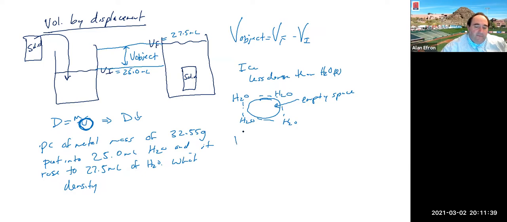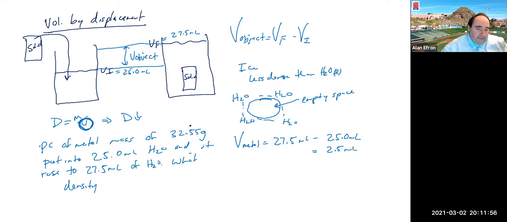So to find the volume of the metal, we would take our final volume, which is 27.5 milliliters, minus 25 milliliters, which means I end up with 2.5 milliliters when I do that subtraction.